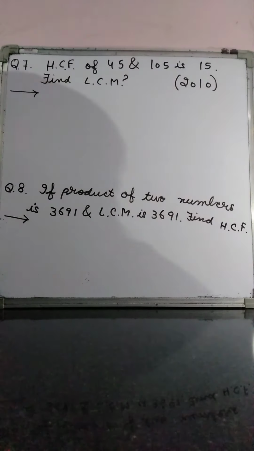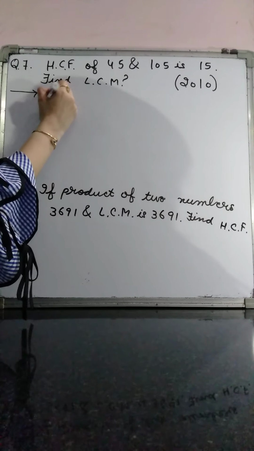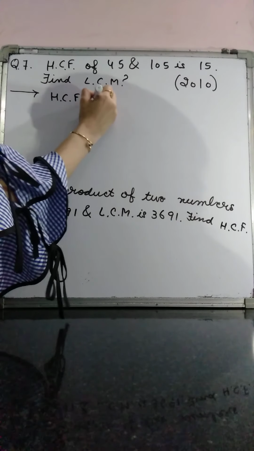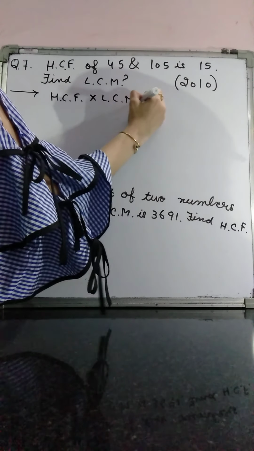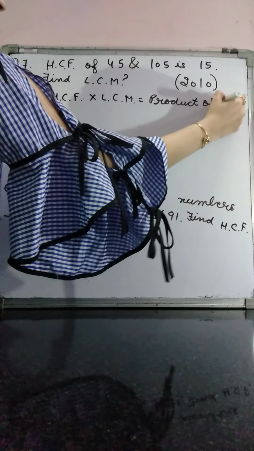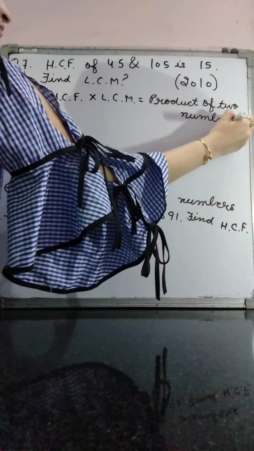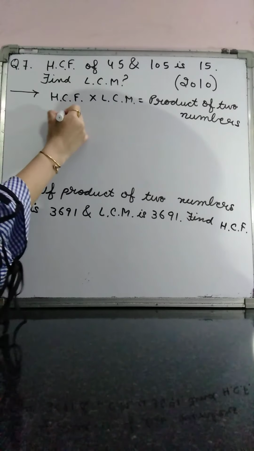Now the next question is HCF of 45 and 105 is 15. Find the LCM. HCF into LCM is equal to product of two numbers. HCF is 15.